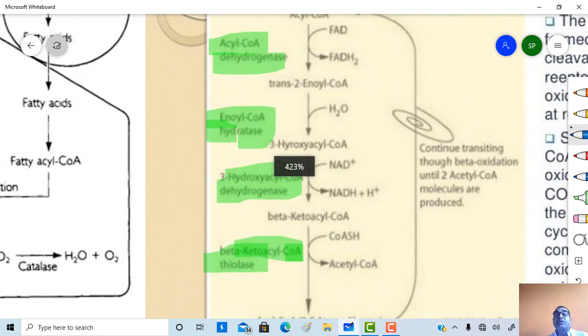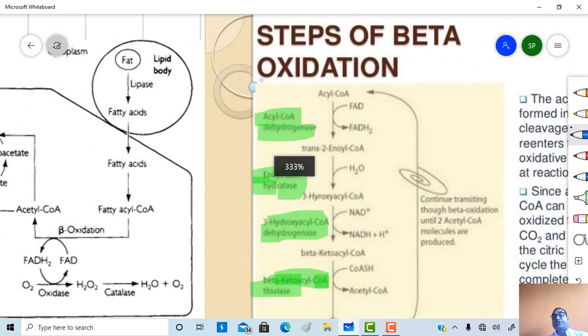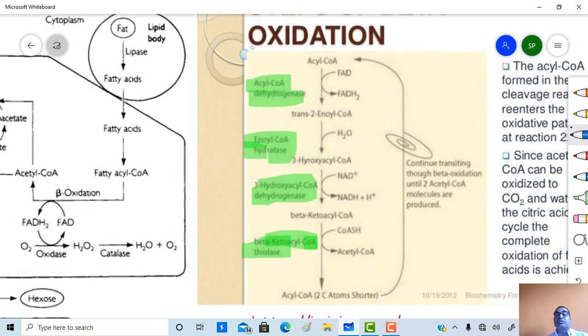If you see here, this is the beta oxidation pathway: acetyl coenzyme A, trans-2-enoyl coenzyme A, 3-hydroxyacyl coenzyme A, beta-ketoacyl coenzyme A, acyl coenzyme A. The important enzymes involved in beta oxidation include acyl coenzyme A dehydrogenase, enoyl coenzyme A hydratase, 3-hydroxyacyl coenzyme A dehydrogenase, and beta-ketoacyl coenzyme A thiolase.